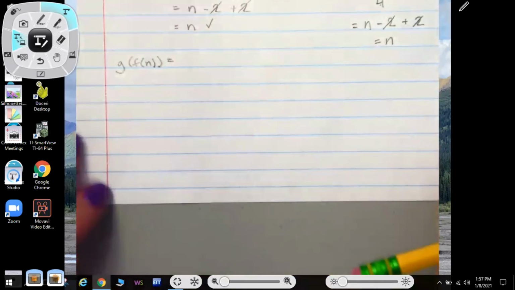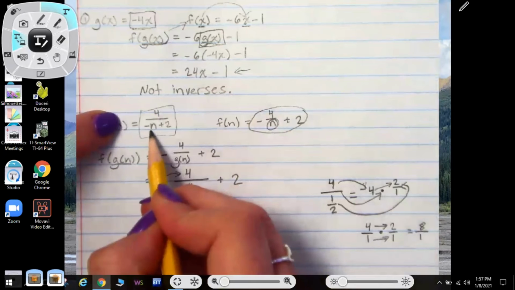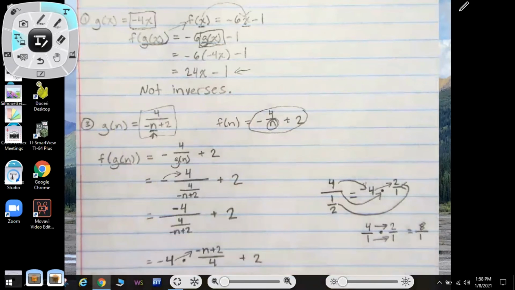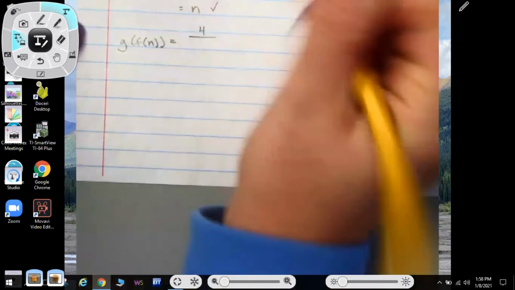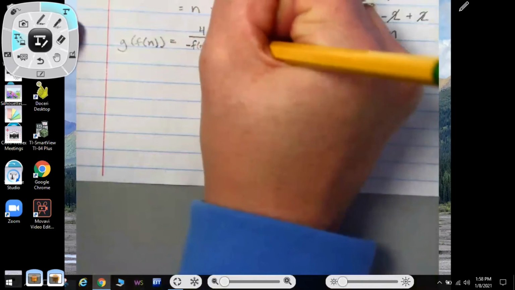So now we're using g of n as our function, which is this 4 over negative n plus 2. But instead of this n right here, we're going to plug in f of n. So we have 4 over negative f of n plus 2.